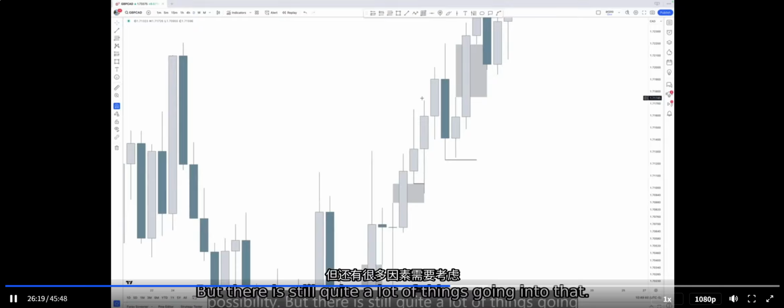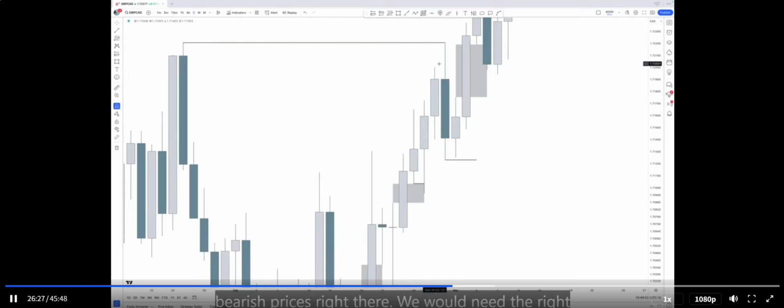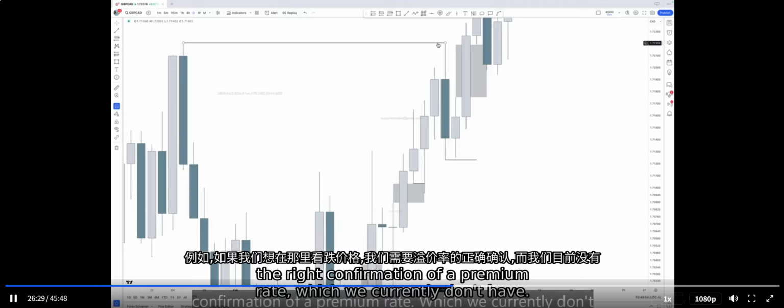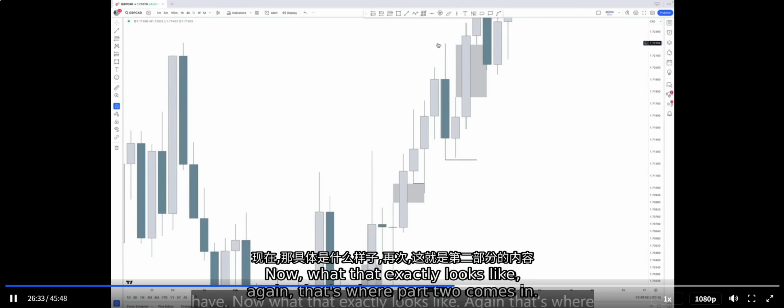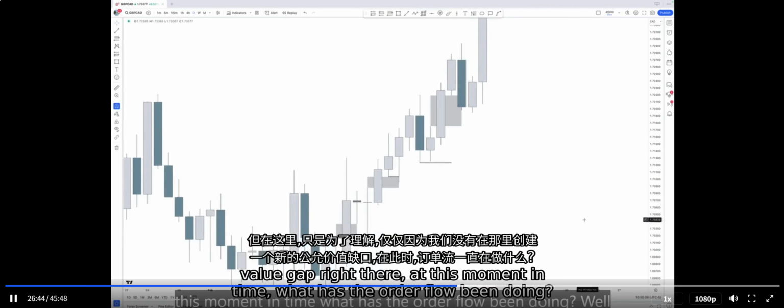But there is still quite a lot of things going into that. For example, if we would want to look at bearish prices right there, we would need the right confirmation of a premium array, which we currently don't have. Now, what that exactly looks like, that's where part 2 comes in. But right here, just to understand this, just because we don't create a new fair value gap right there, at this moment in time, what has the order flow been doing?